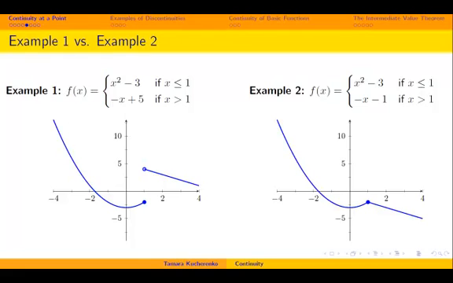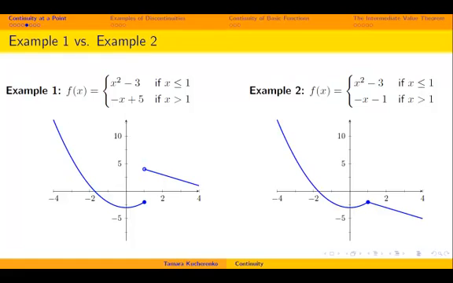In the first example, the equation of the line is negative x plus 5. In the second example, the equation is negative x minus 1. That means the line was shifted downwards by 6 units, so it connects to the parabola.